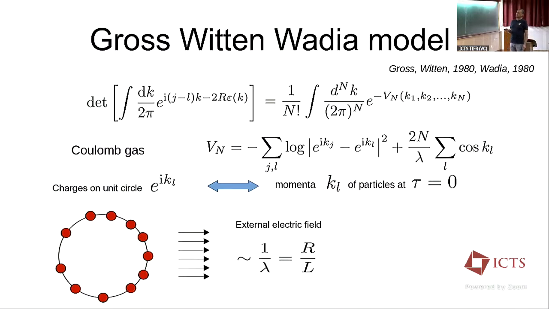And if one searches in the literature and asks ChatGPT what this is, one finds that this is nothing but the Gross-Witten-Wadia model, which appeared in a completely different context, lattice QCD, and the results were well known. Now, let's see. We have charges on the unit circle. We have an external electric field acting in this direction.